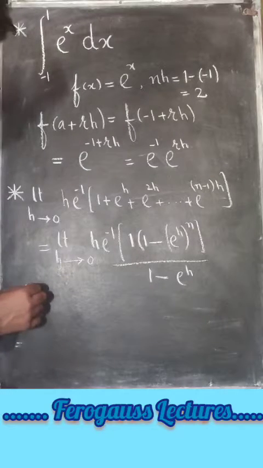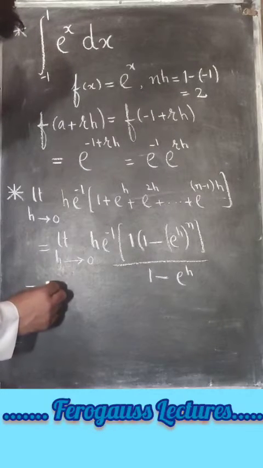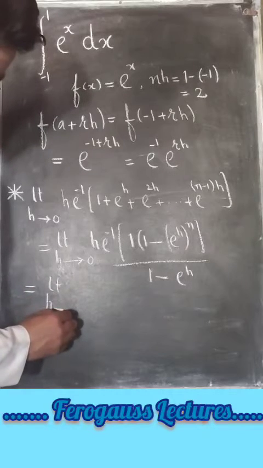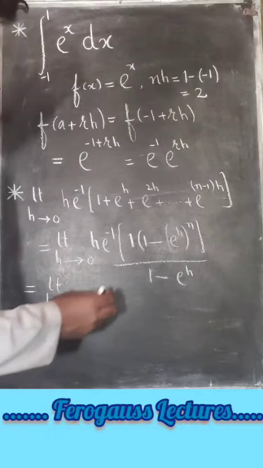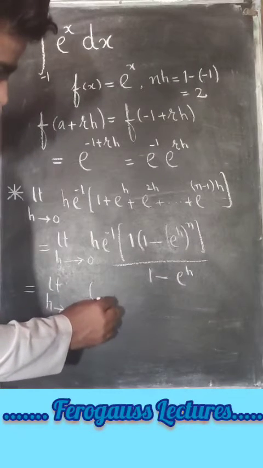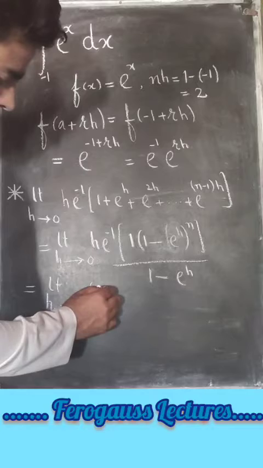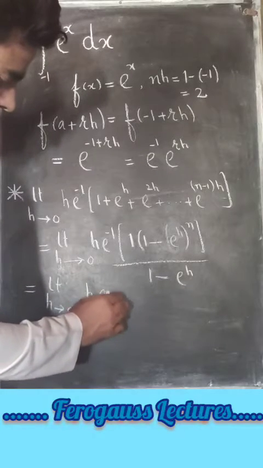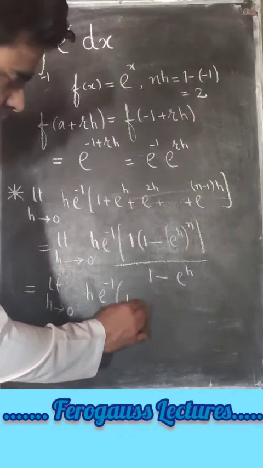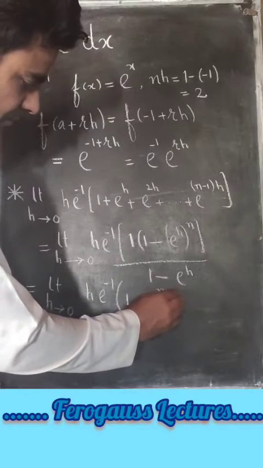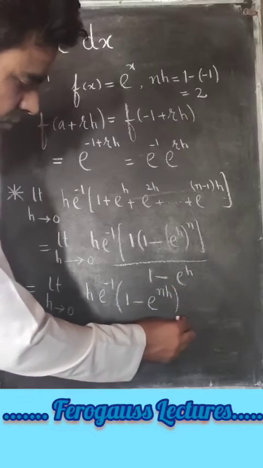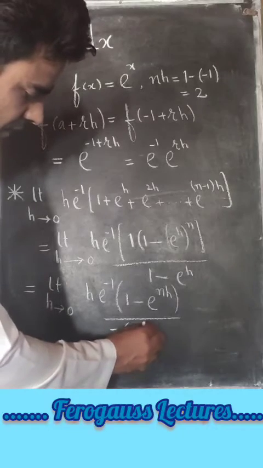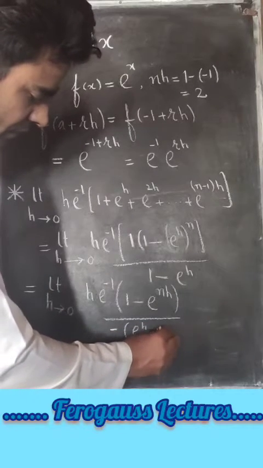Now that is further equal to limit h tends to 0, here we can write it as h times e raised power minus 1, 1 minus e raised power nh, divided by, now take minus common, so we can write minus times e raised power h minus 1.